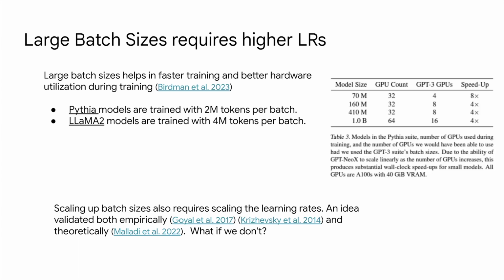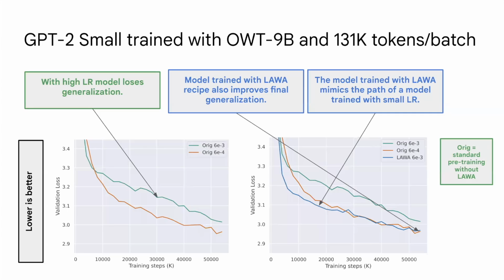So let's see what happens if we don't use any sort of scaling. Let's say we have a large enough batch size and we don't scale up our learning rates. Here is the curve to your left. With a high learning rate, the model loses generalization.